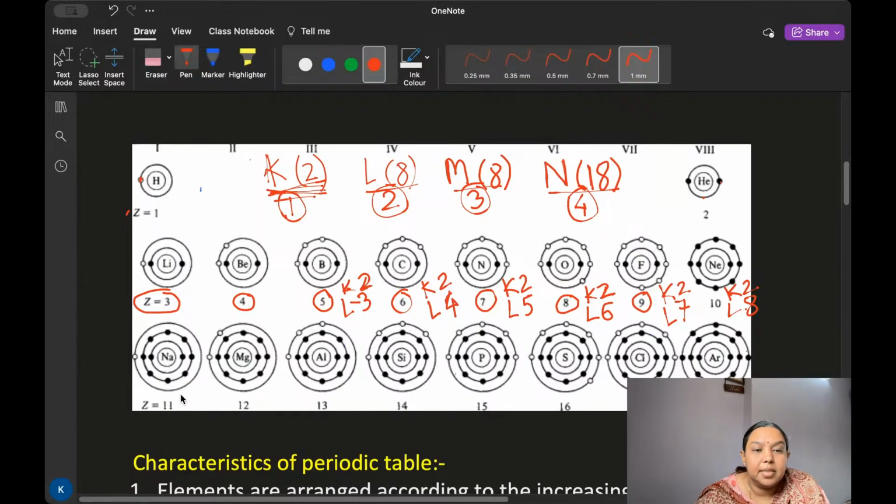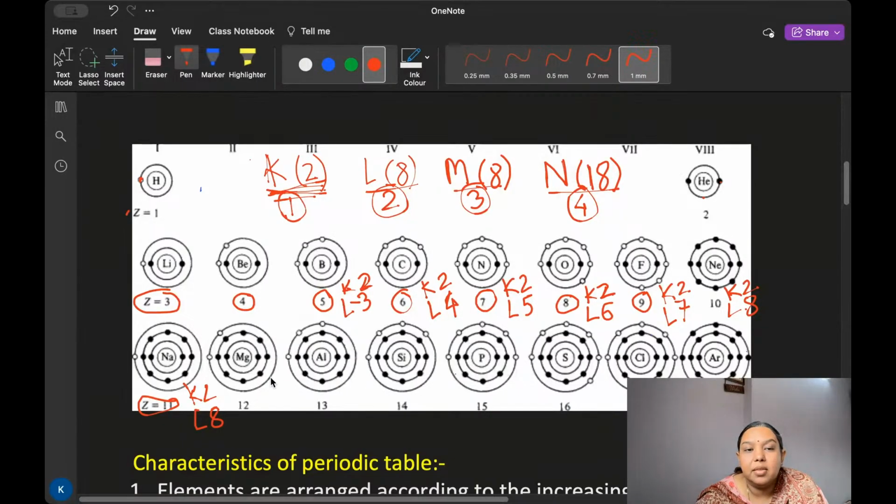atom, that is Z equals 11. 11 atomic number. The element is sodium. So here we see K shell is filled with 2 electrons. Then L shell is also filled with 8 electrons, because the electrons are arranged in increasing order of atomic number.